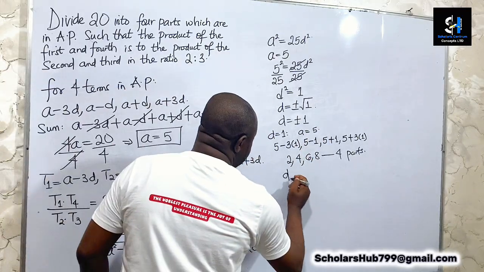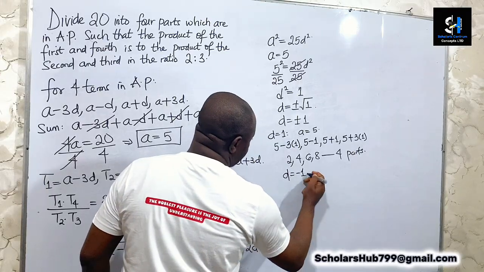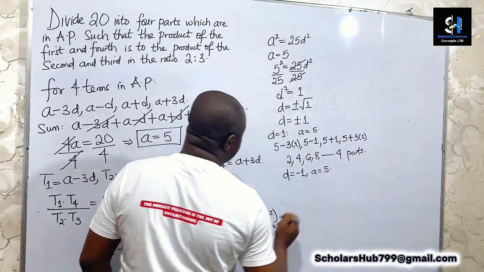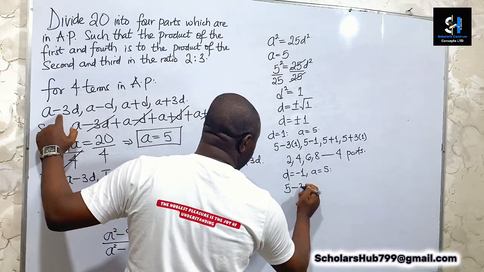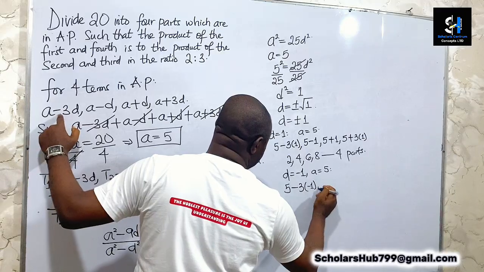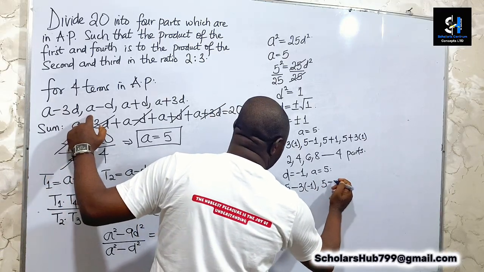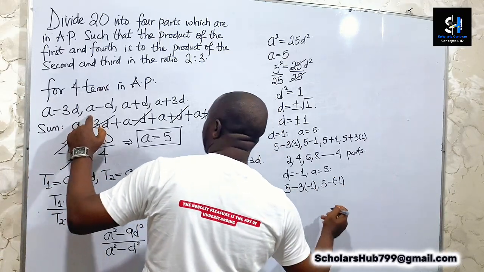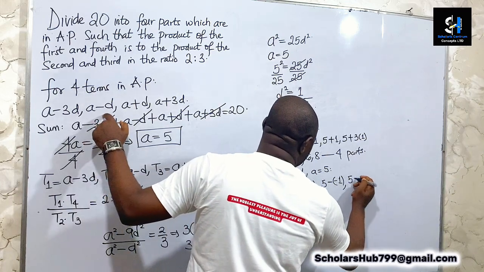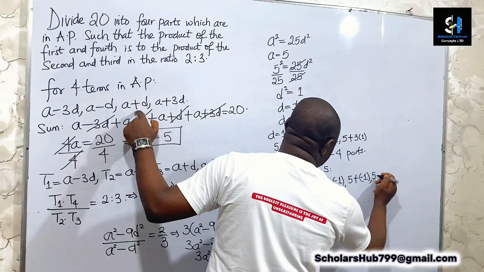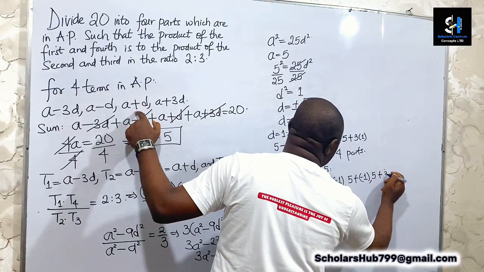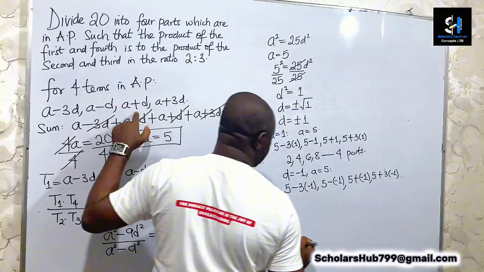Now, when d is equal to negative 1 and a is 5, this will be 5 minus 3 times negative 1, then 5 minus negative 1, then 5 plus negative 1, then 5 plus 3 times negative 1.